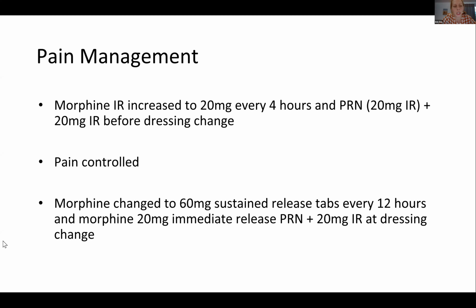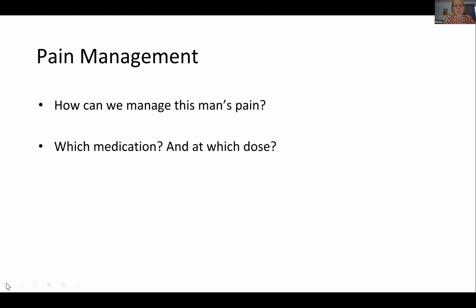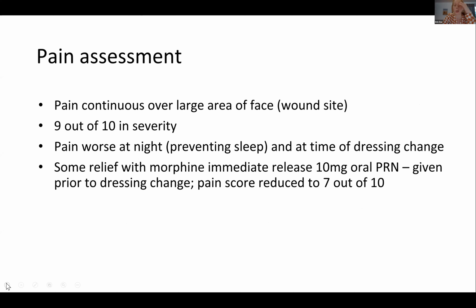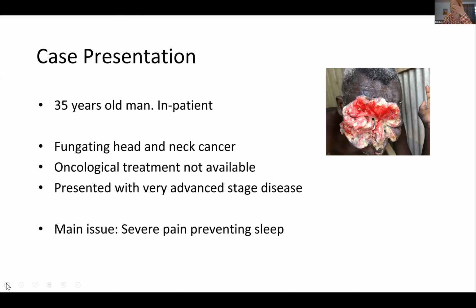If you remember our patient, I want to go back to, I know a few people have joined later. Remember our patient. Do you remember his fungating wound? I want you to take a look at that picture. And I know it's very difficult, and I know all of you are doing excellent work where you are. But I think we all acknowledge that somebody who has a fungating wound of the size of this patient would have advanced and severe pain.